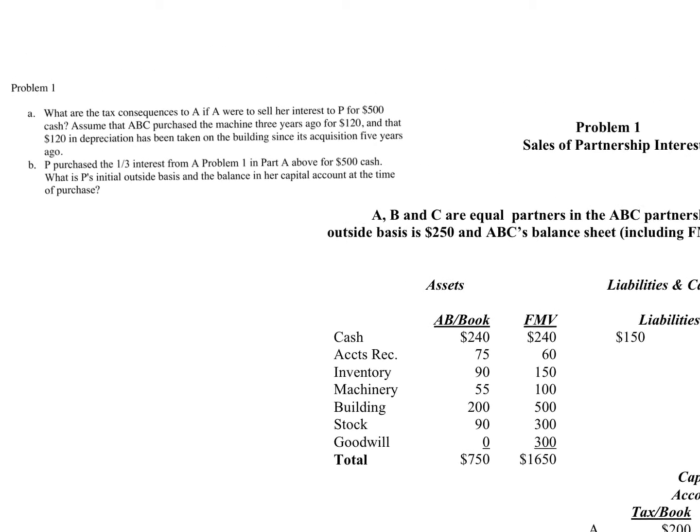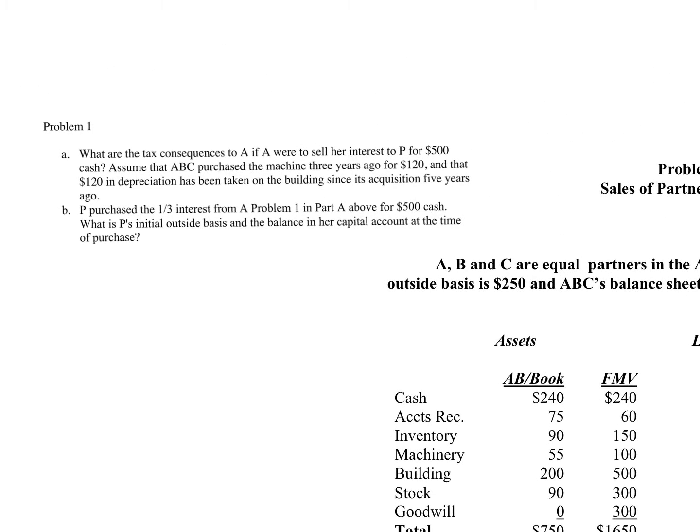Specifically, the question's asking us about 2 situations that we can do together. A, what are the tax consequences to partner A if partner A were to sell her interest for $500? Also assume in this problem that the machinery was purchased 3 years ago for $120 and that depreciation has been taken on the building.